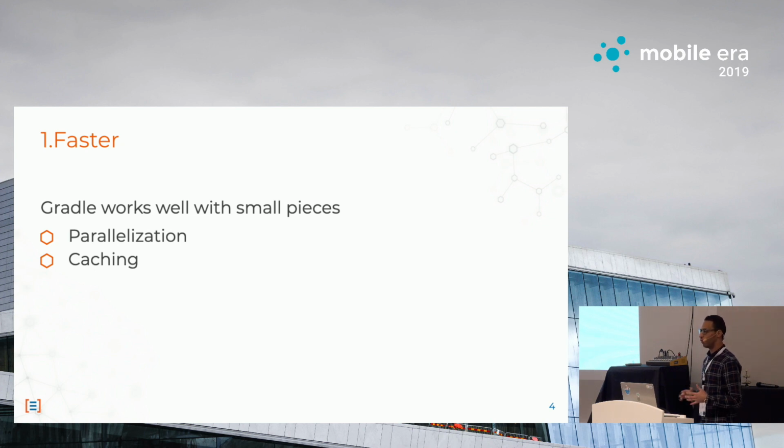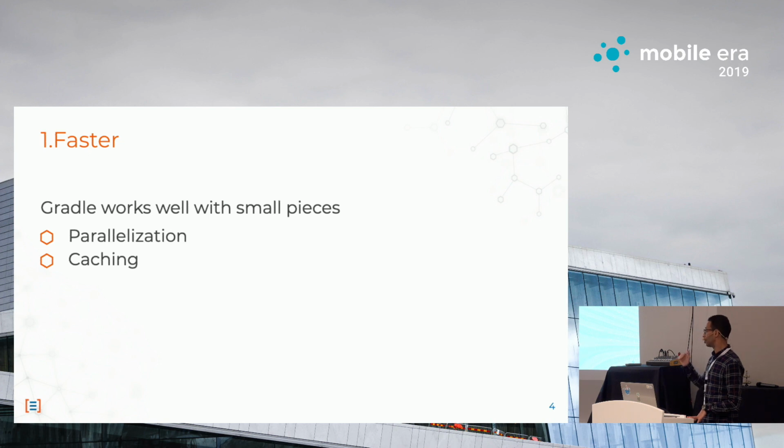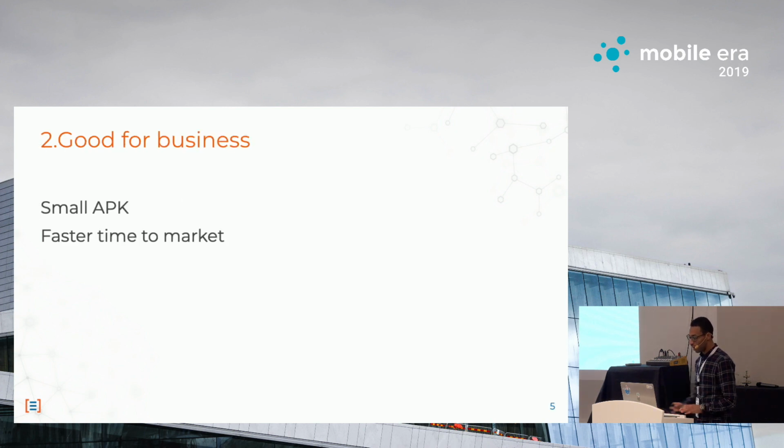In comparison, with a monolithic app, we have one huge app. A single task, Gradle, should compile the whole application, and that takes a lot of time. For a small change in a simple feature, the whole application should recompile, and that's really a loss of time.